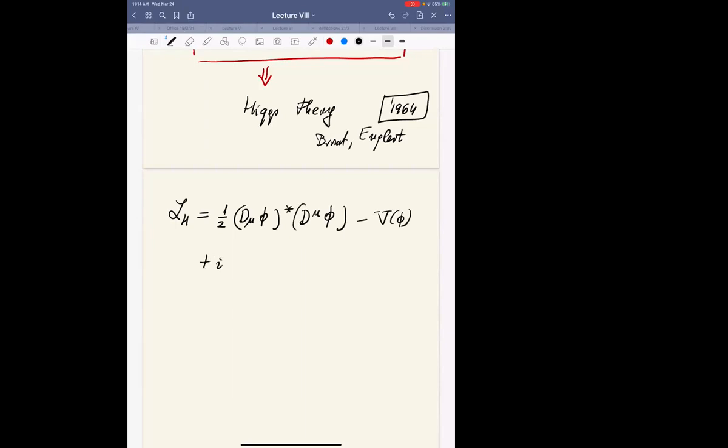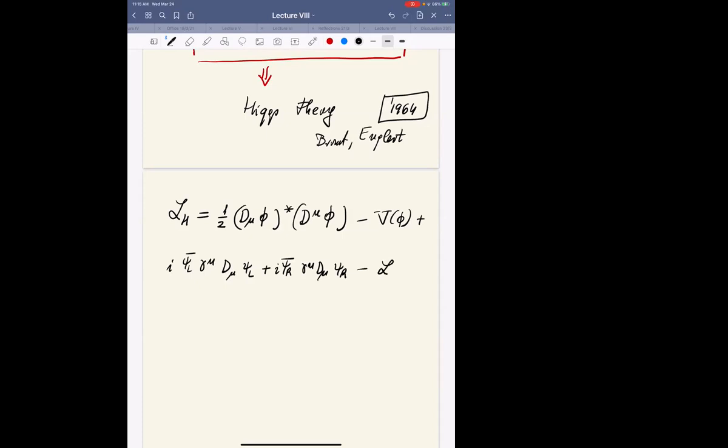And now let me not forget the kinetic energy, psi L bar gamma mu D mu psi L. Let's use the space better. All I have to write is a covariant derivative, and I made it.